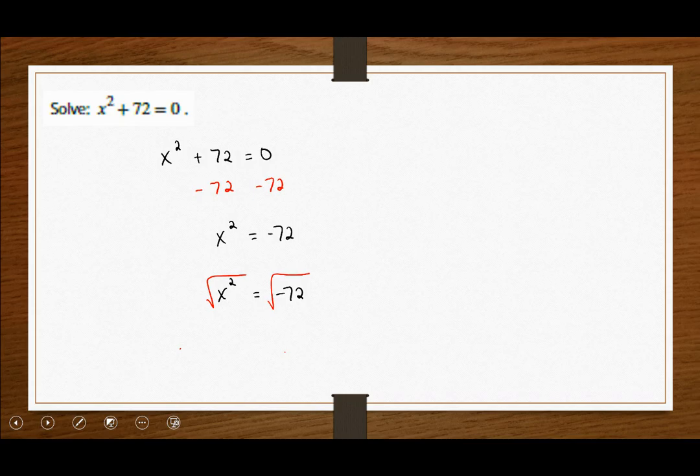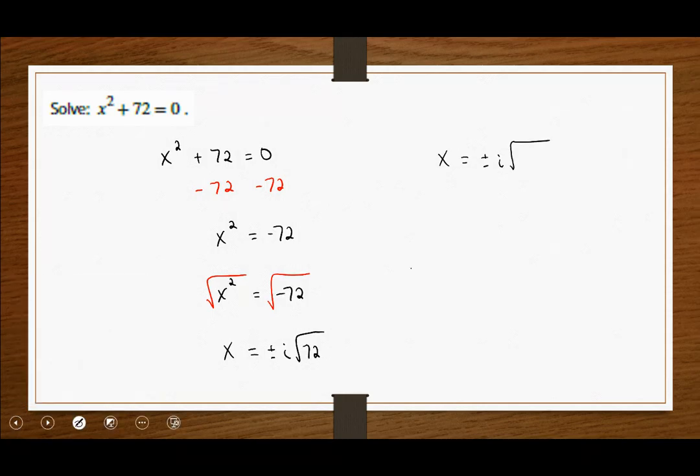When we take the square root of each side, sure enough, as before, we have to consider that it's going to give me both a positive and negative answer. And of course, the imaginary unit can be removed to make this expression turn to positive square root of 72. Continuing, though, to simplify that square root requires that we, again, break it apart into two pieces.